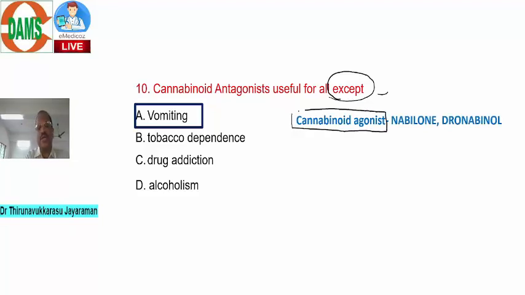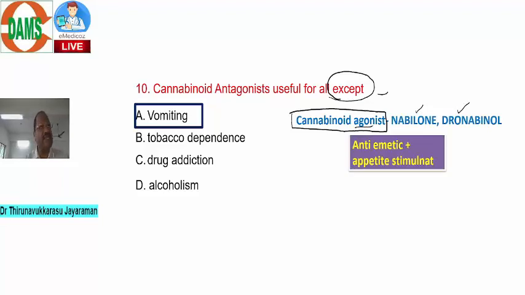Look at agonists like nabilone and dronabinol. They are the ones having anti-emetic action and appetite stimulating property. So cannabinoid antagonists are not useful for treatment of vomiting. Cannabinoid agonists are useful for treatment of vomiting. This point is important. We have nabilone and dronabinol.